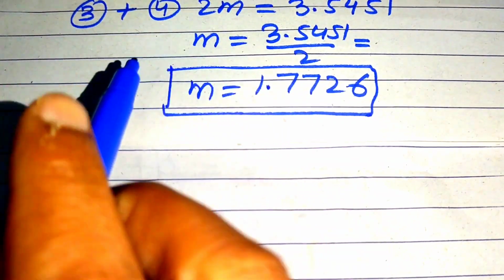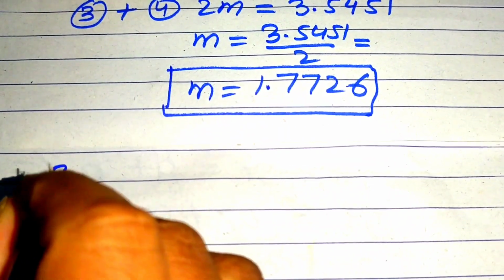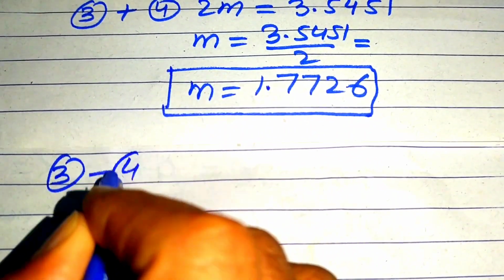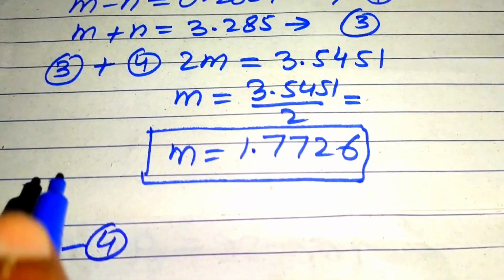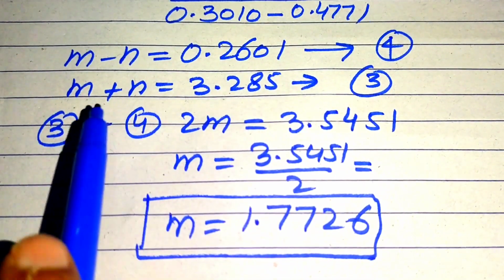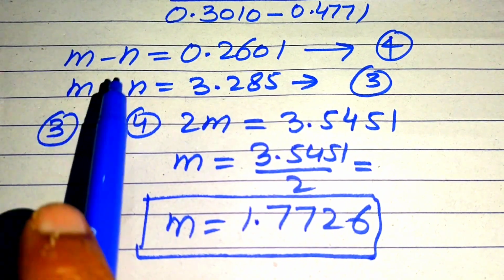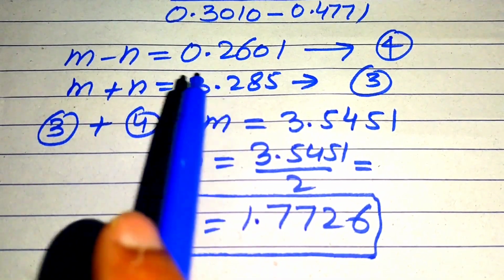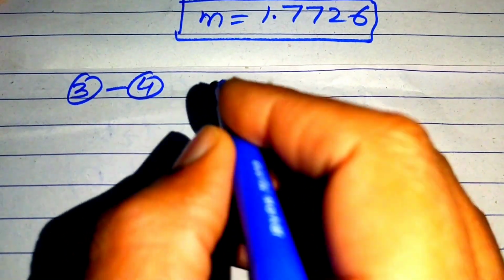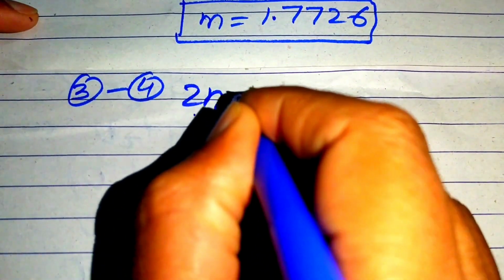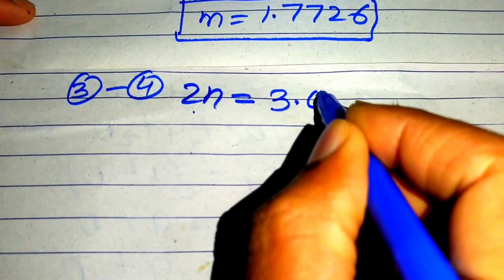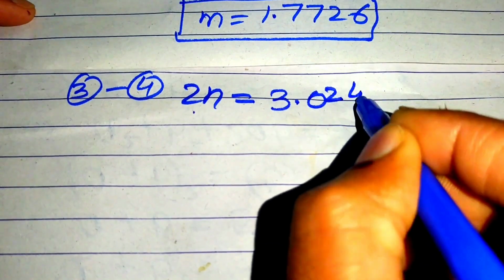So first we added equation number 3 and 4, and now we subtract equation number 4 from equation number 3. When we subtract these two equations, you cancel this m and you get n, and we subtract these two terms. After subtracting, you get 2 times n equals 3.0249.